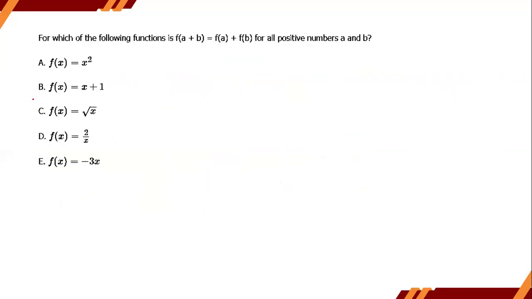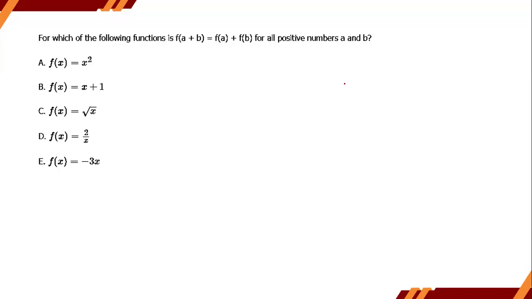All right, now let's look at this question. For which of the following functions is f of a plus b equal to f of a plus f of b for all positive numbers a and b? All right, so here again, it is checking the equality of these, right?